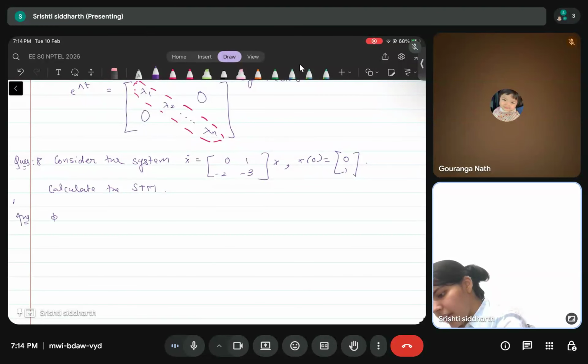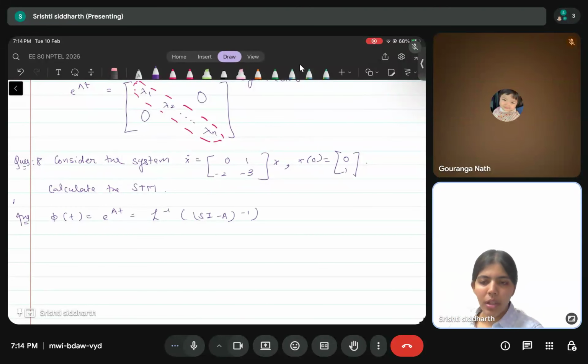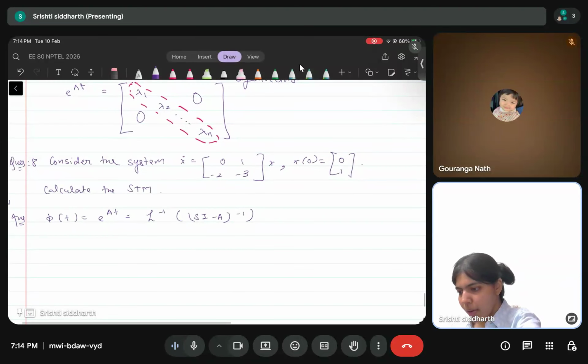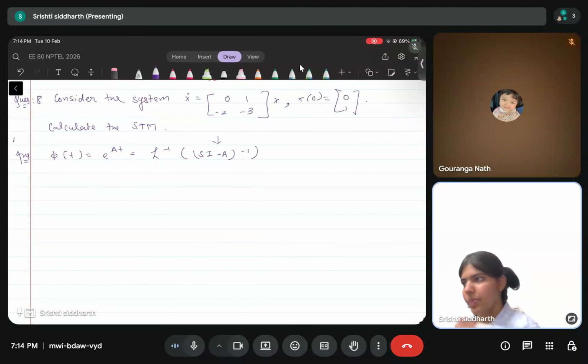So we know that e to the power At is the Laplace inverse of (sI minus A) inverse. But then we also saw that for a larger system, for example, if the matrix was 3 by 3, then we have to calculate the inverse of this matrix, and the same for any higher order system. The other approach is to diagonalize the system.